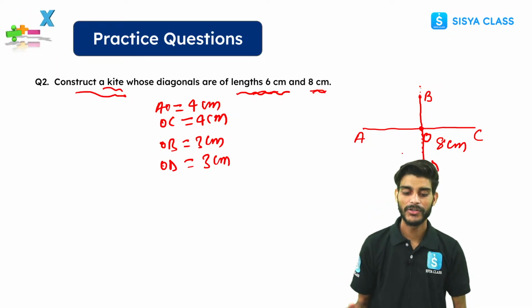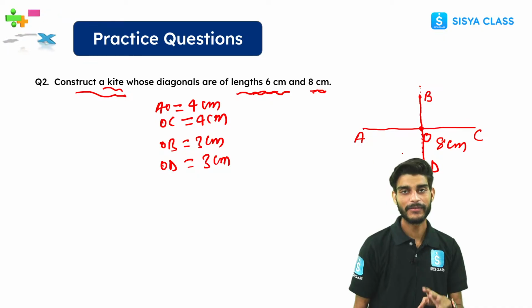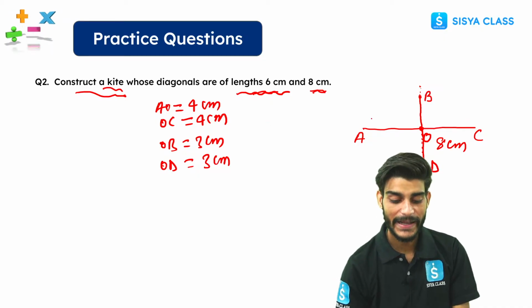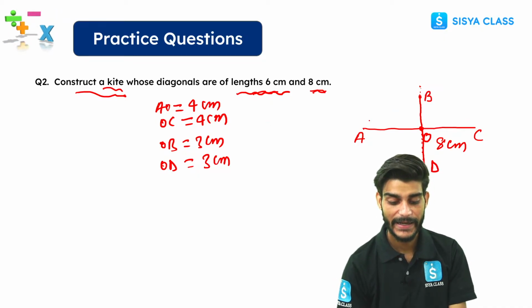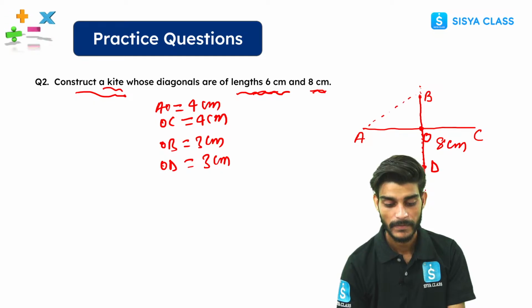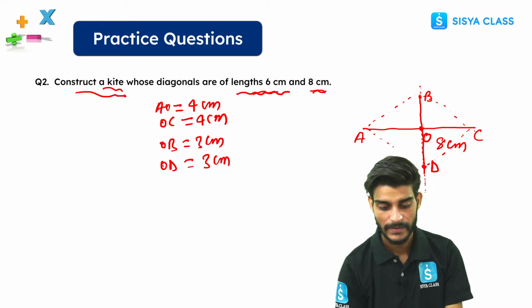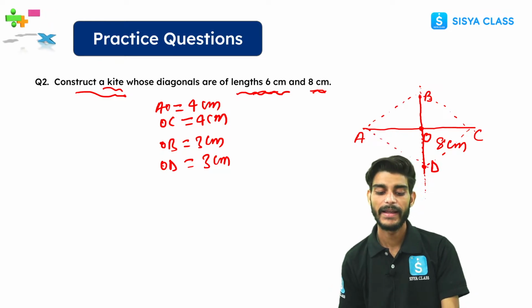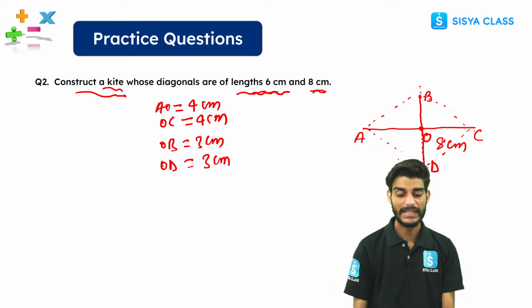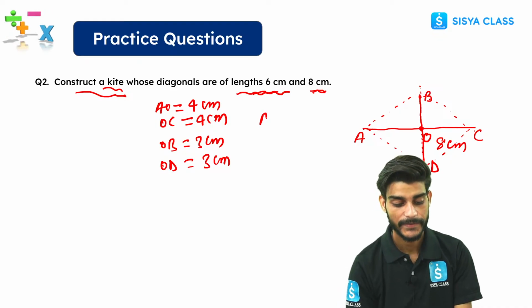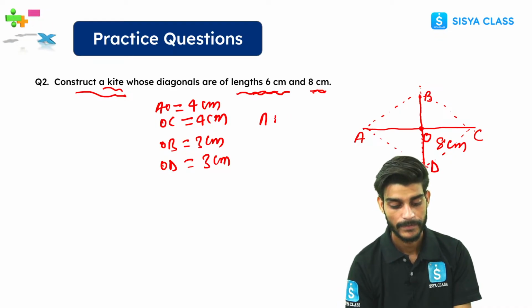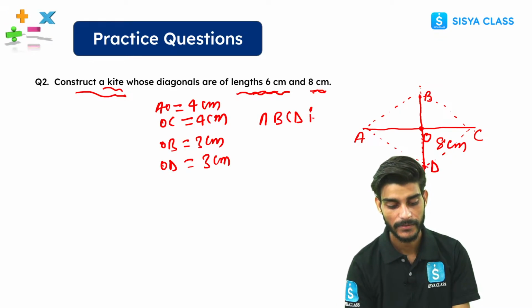Now at the end, what you have to do? You have to make 4 sides, right? So basically join AB, BC, CD and AD. Now this ABCD is a kite. ABCD is a kite now.